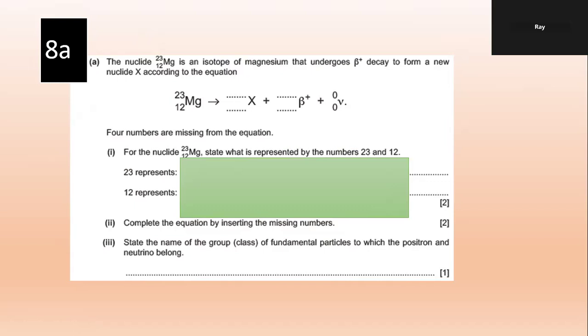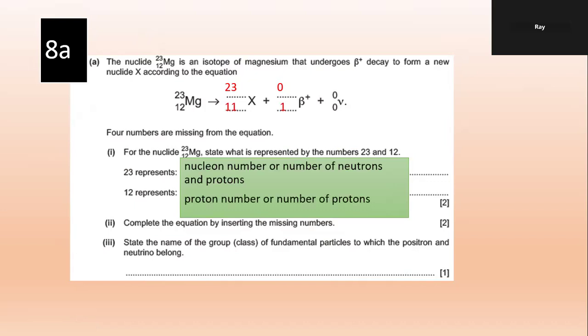What is 23? 23 is the nucleon number. 12 is the proton number. Okay. Complete the equation. Mark yourself if you got it correct.